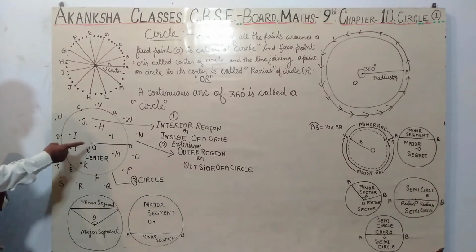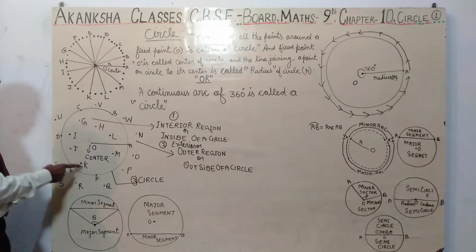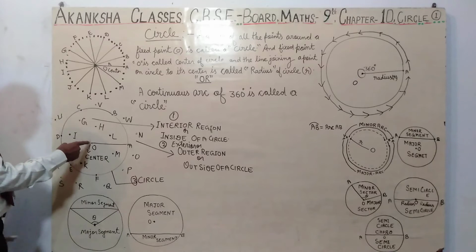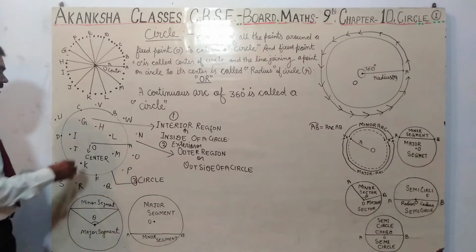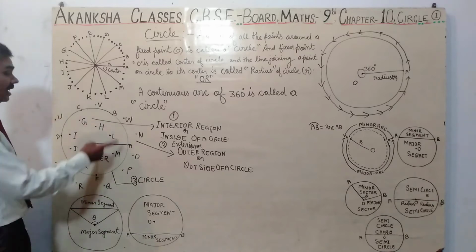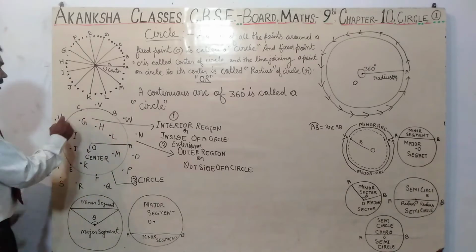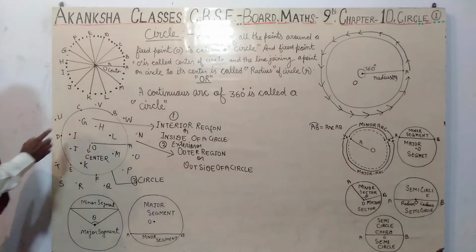Doubtlessly, all these points, including M, lie inside the circle, in the interior region, because they are surrounded by the circle.